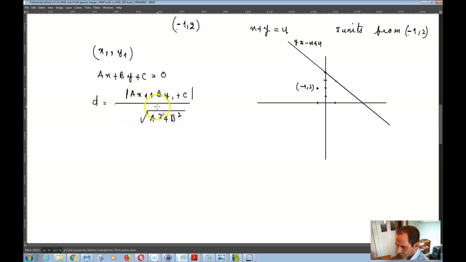With this formula you can find the perpendicular distance of this point from this line, which is not going to help us.